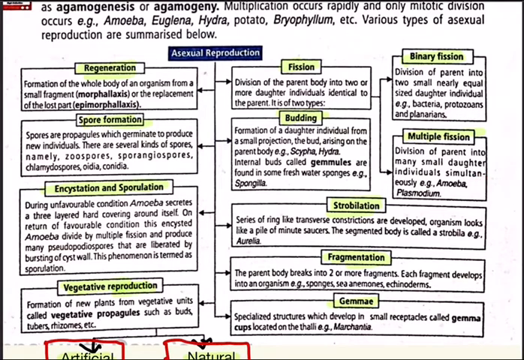Examples are amoeba and plasmodium. That's why, whenever Plasmodium vivax enters our body, it undergoes multiple fission and we quickly develop malarial fever. That is the reason why we suffer a lot. So this is the first method of asexual reproduction.